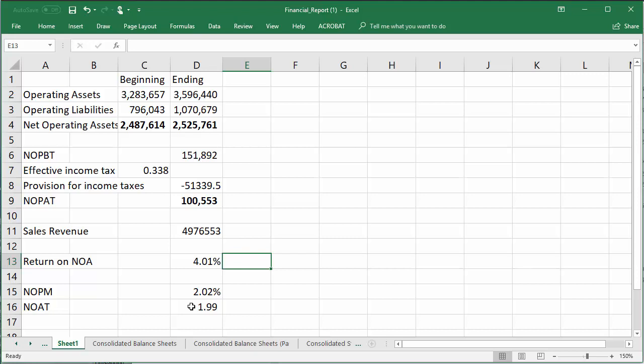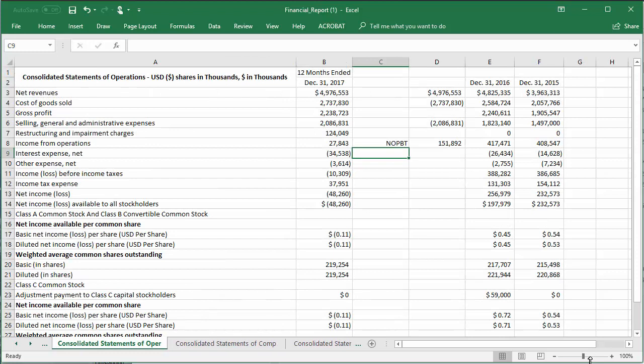And looking at the numbers now, you can see here that it's a little bit troubling because these numbers are very, very low. And we usually don't like to have low numbers. So what I would do here is look at this income statement again, and see what else could be going on, and whether there was better profit in previous periods. And you can see that there was.